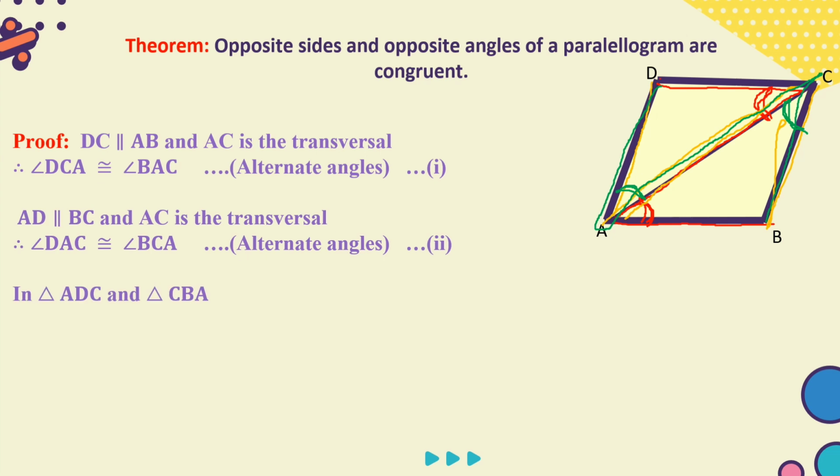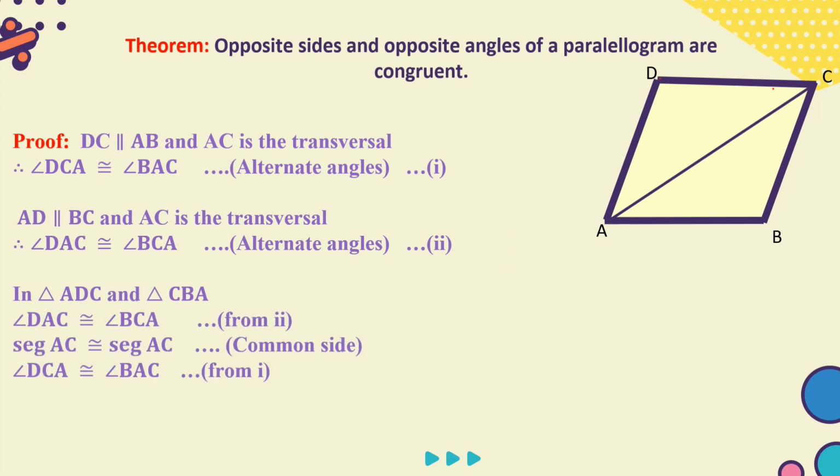Now we are going to prove that triangle ADC is congruent to triangle CBA. We had already seen angle DCA was congruent to angle CAB by alternate angles, so we are taking this from 2.